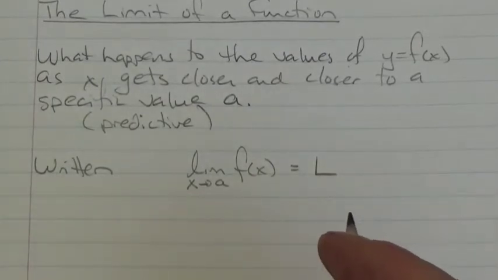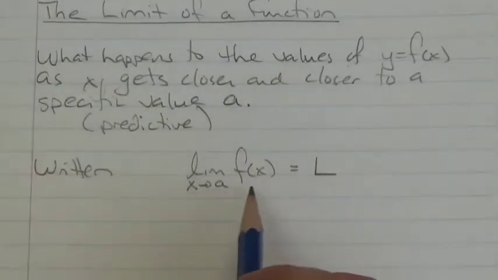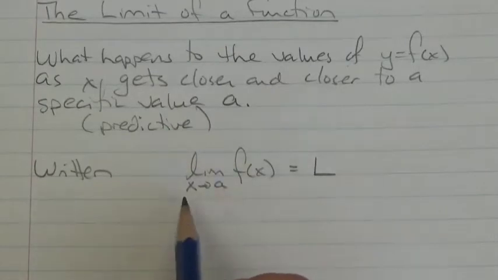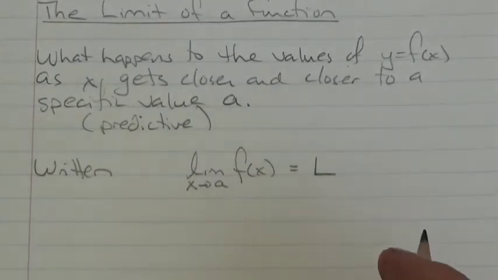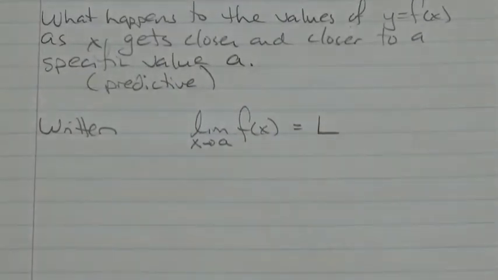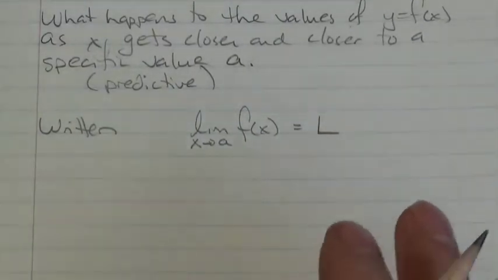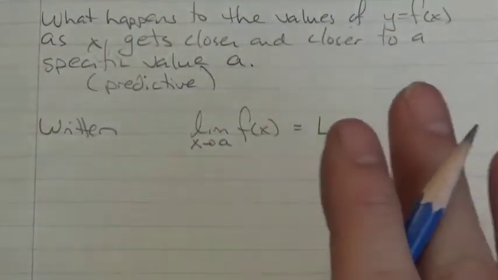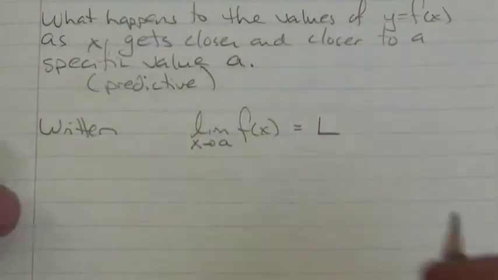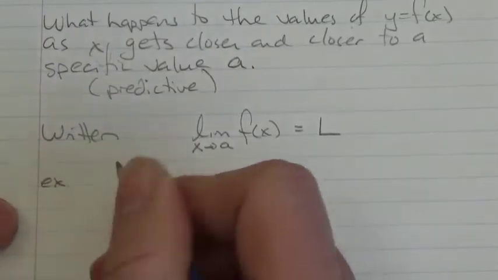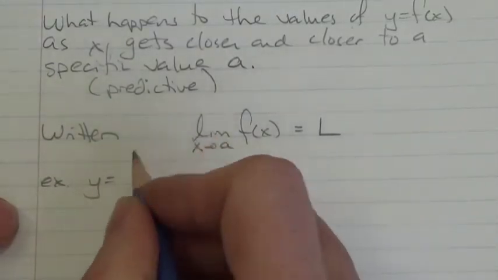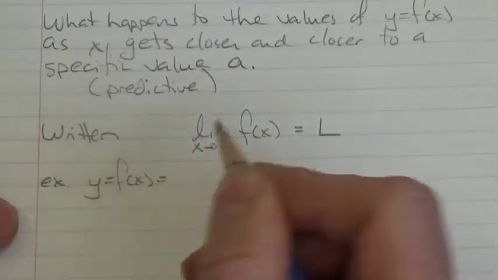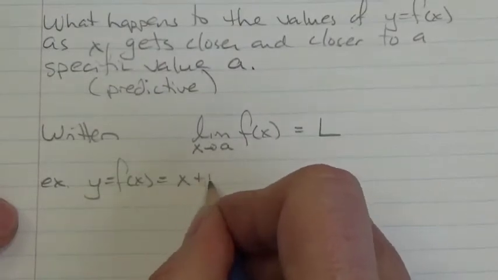Again, what we're trying to do is predict the behavior of the function as x approaches some value of a. For right now, just so you don't get overly lost, because there is a very solid idea here and it's actually quite straightforward for the most part, let's take a look at the line y equals, let's call this f of x, something simple like x plus 1.